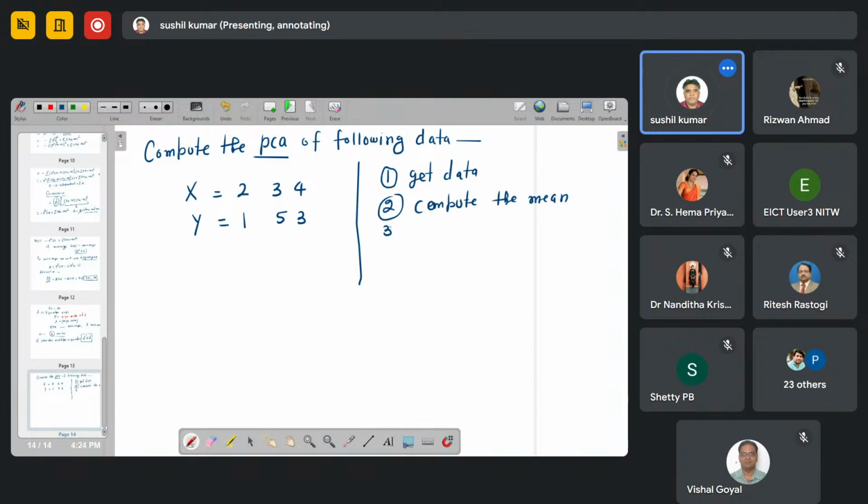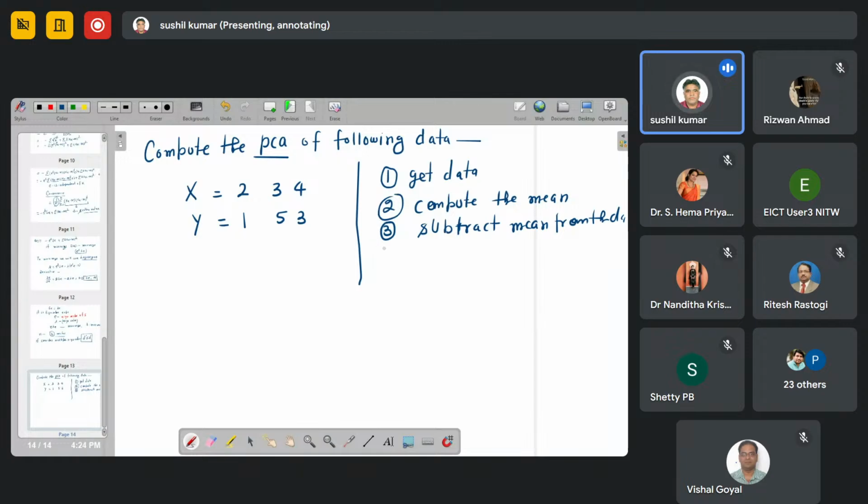Step 3: subtract the mean from the data. You will get it when I discuss it.